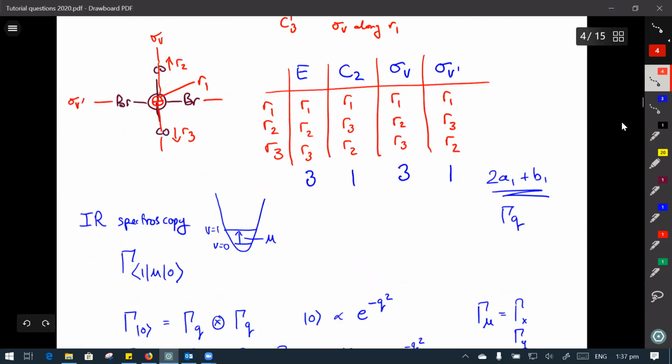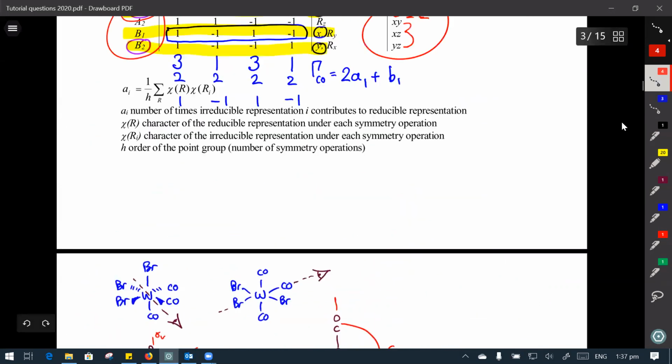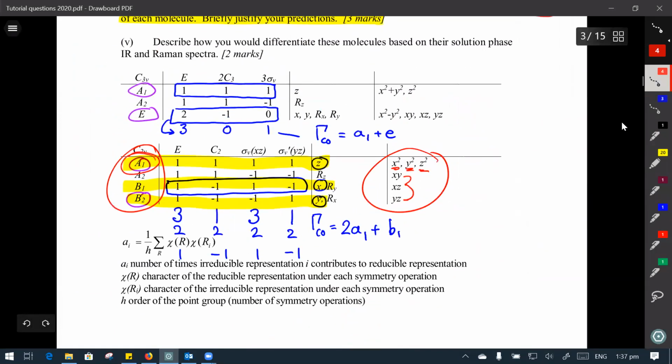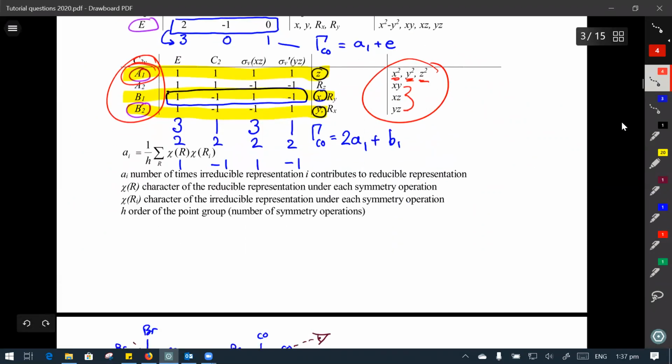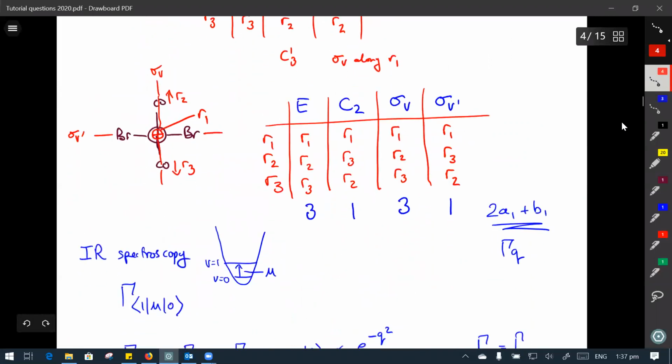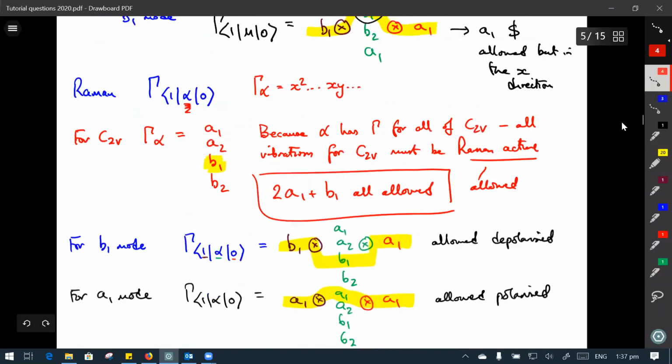But B1 in this particular case is associated with XZ, but it's a little bit more complicated than that. All you can really say is that it's either totally symmetric and polarized, or not totally symmetric and depolarized. There is no axis specificity other than that. I hope that answers that question.